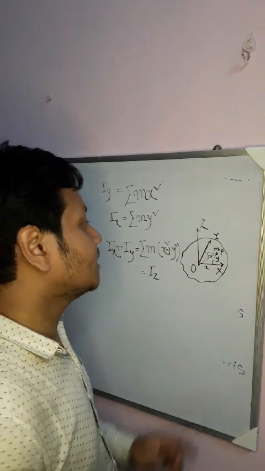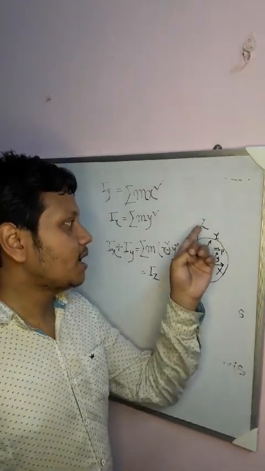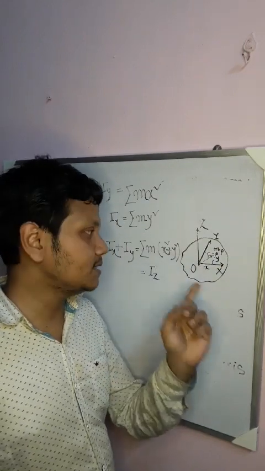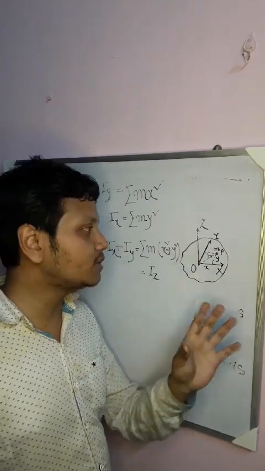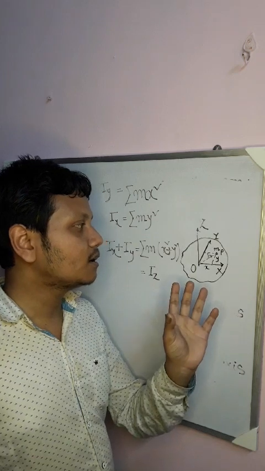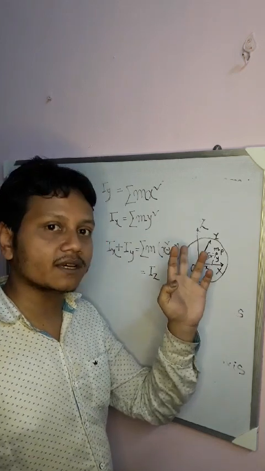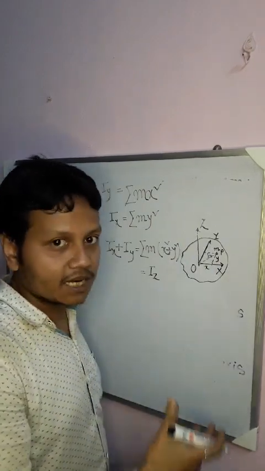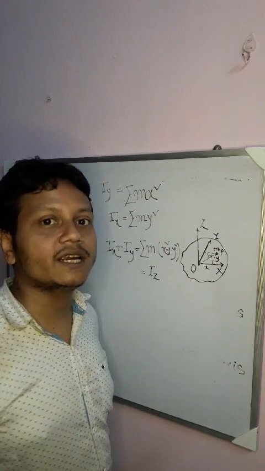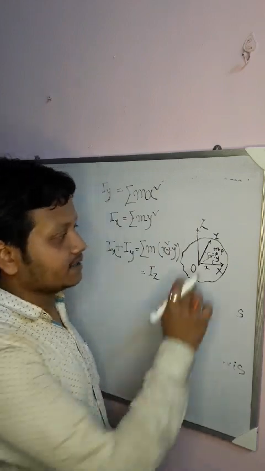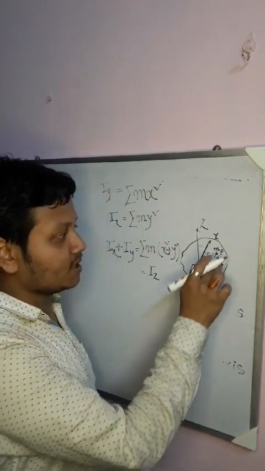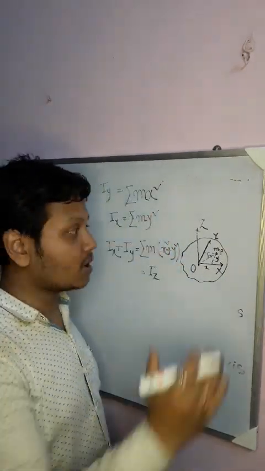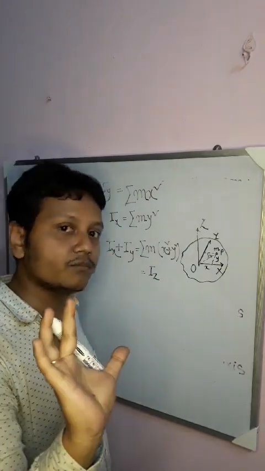So we see that the moment of inertia about an axis perpendicular to the plane of the lamina is equal to the sum of the moments of inertia along the x and y axes. These two axes x and y lie in the plane of the lamina, and by using the perpendicular axis theorem we find that the sum of the moments of inertia along these two axes is exactly equal to the moment of inertia about an axis perpendicular to the plane of the lamina.